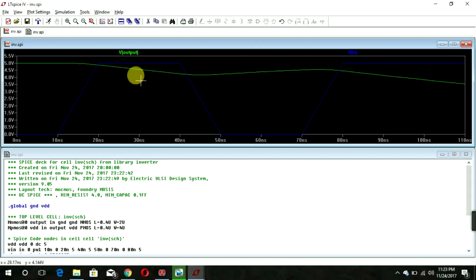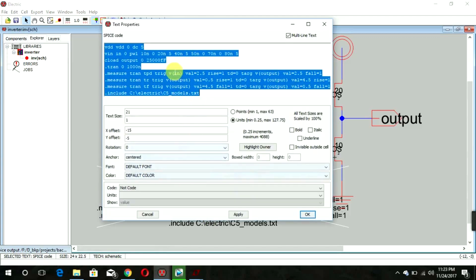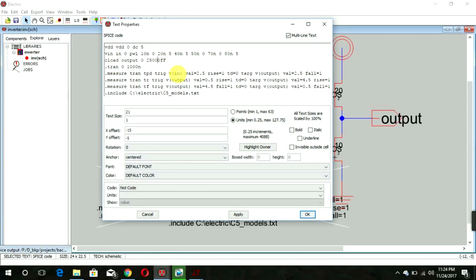Just because our capacitance is increased, our delay is going to increase, right? So we have to keep this value 250 only. What will happen if you reduce this value? The delay would be reduced. So if you want a faster circuit, you have to reduce the capacitance.